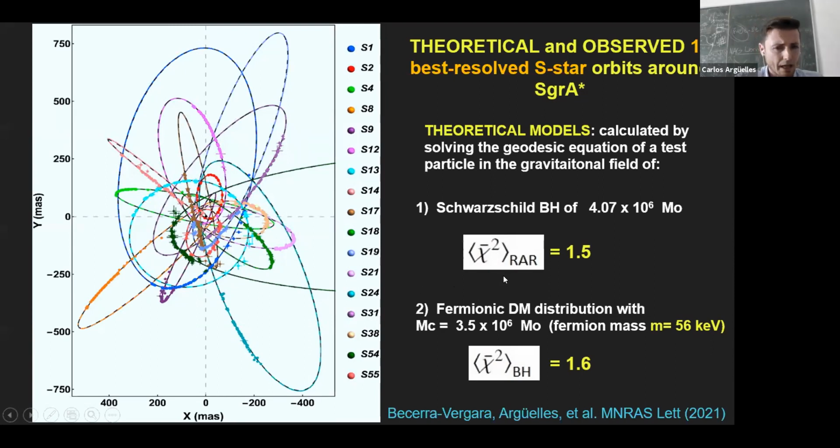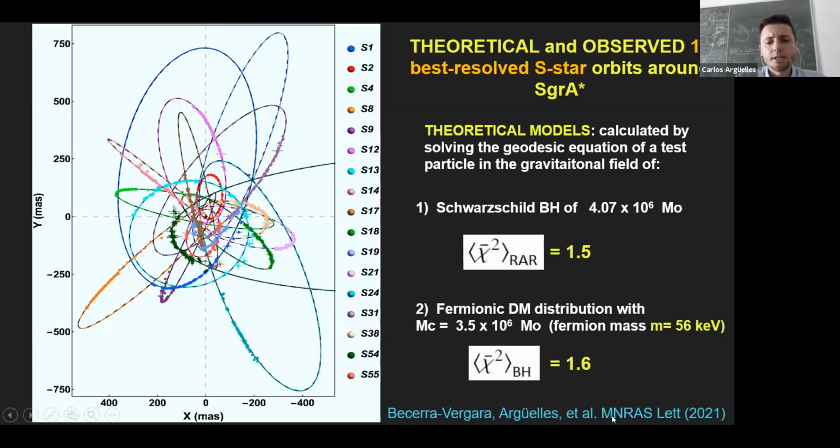Well, the average chi-square, including right ascension, declination and radial velocity of all the stars, in the case of a Schwarzschild black hole is 1.5, while in the case of the RAR model it is also 1.5, so slightly statistically preferred with respect to the black hole, but statistically, let's say, equivalent.